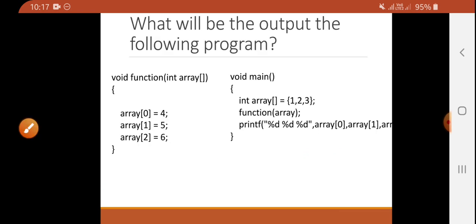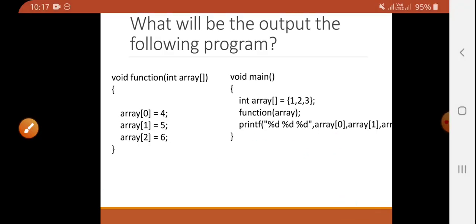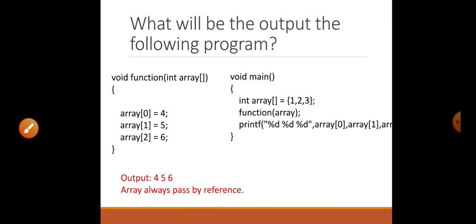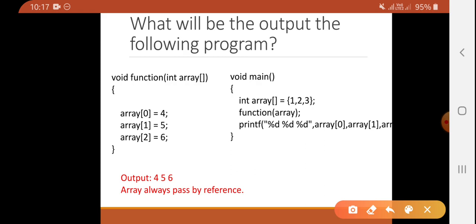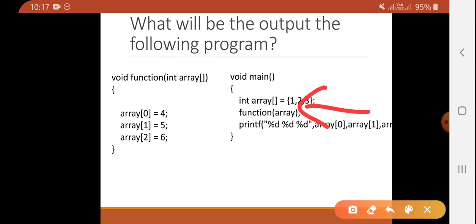Why? Because an array is always passed by reference. Keep in mind, whenever you are passing an array as a function argument, whatever change you make in the function will be done on the original array. Here the name of the array is array itself, that is the actual array.